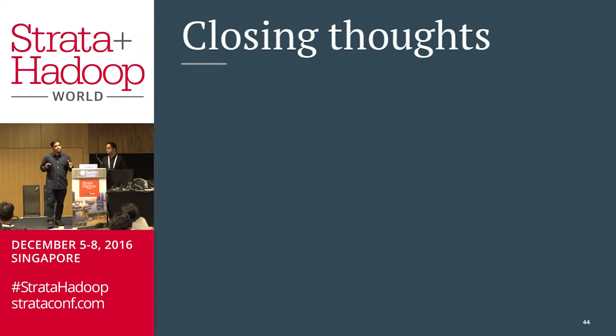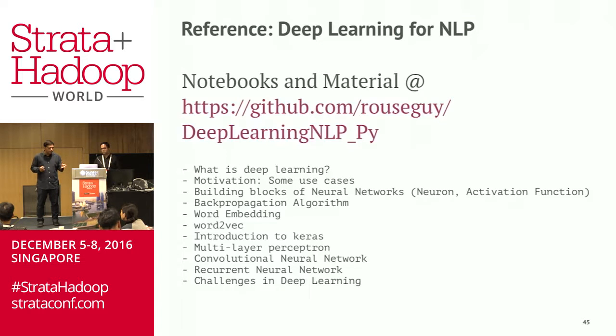Closing thought, this is really a short talk, so it's not enough for us to cover how to really do that. But Bhargav and I have created a notebook and workshop material which is more detailed.